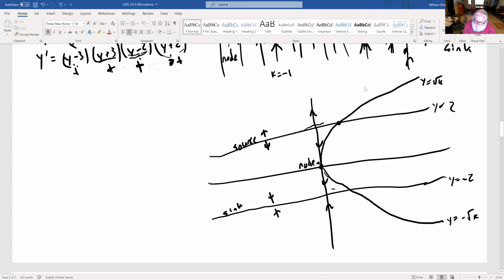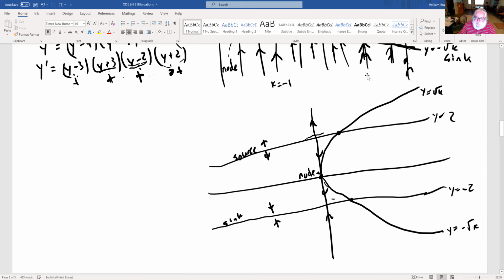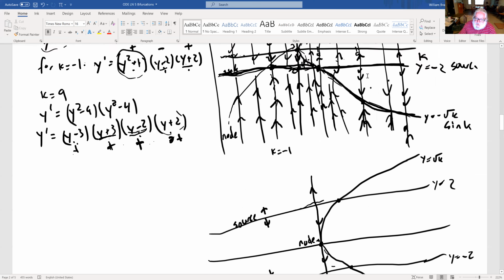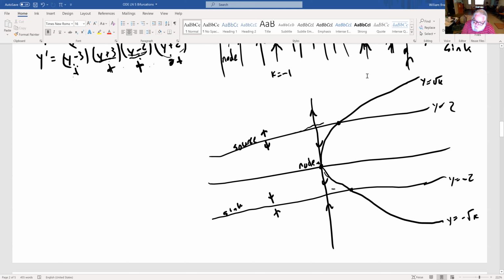Well, in between here, everything is going up in here. So we're going up to this one and up away from that one. We know that outside of everything, we're going up, and outside down here at the bottom, we're still going up.